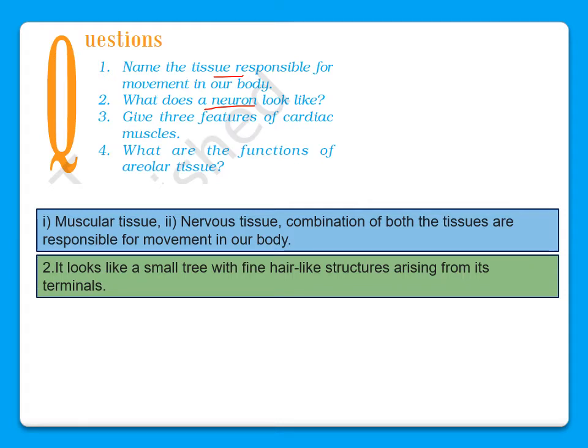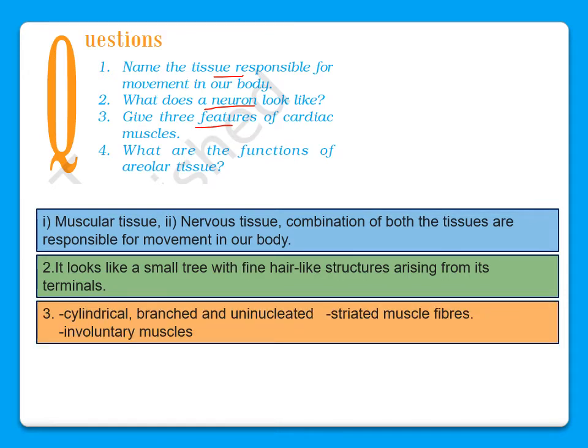The next question is give three features of cardiac muscles. Cardiac muscles are cylindrical, they are branched, and they are uninucleated, means they have only one nucleus. They have striated muscle fibers, and they are involuntary muscles. What are the functions of areolar tissue?